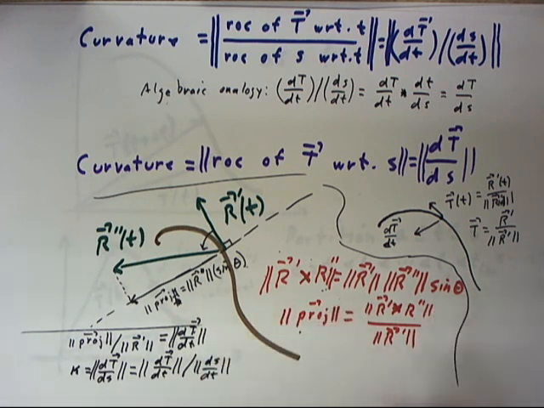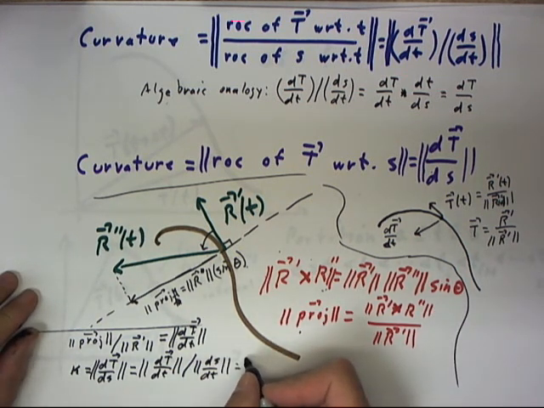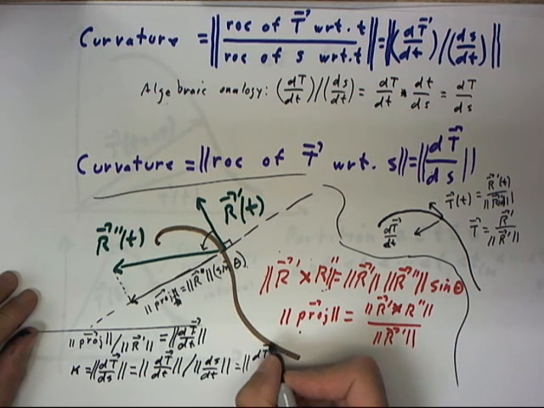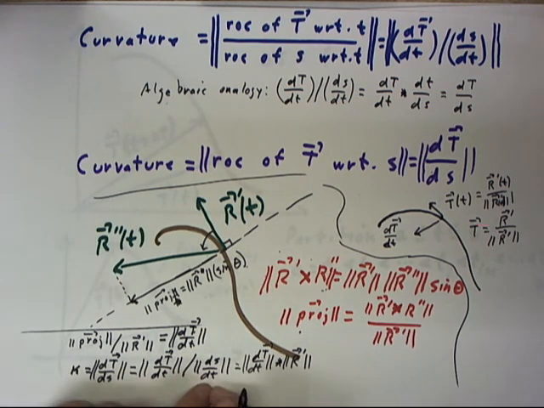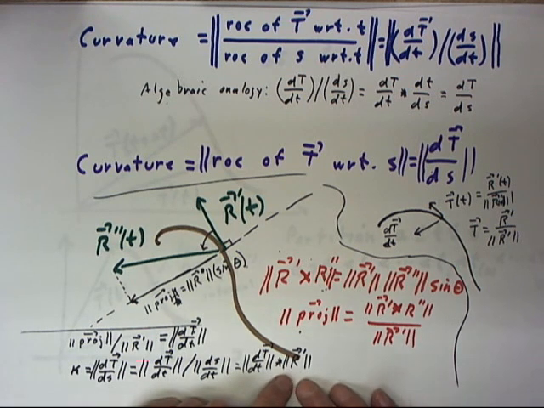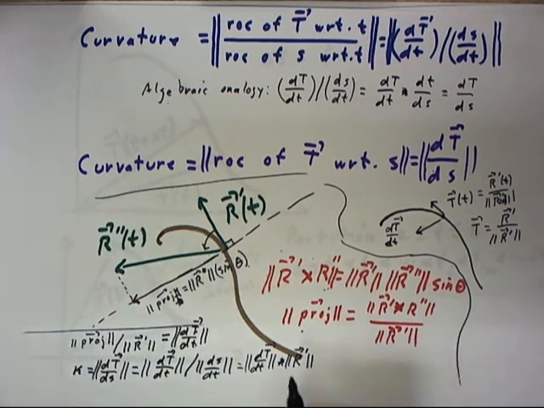Well, that's just the magnitude of dT dt divided by the magnitude of r prime, because the magnitude of ds dt is the magnitude of our velocity vector, our r prime vector. This is speed, this is velocity.